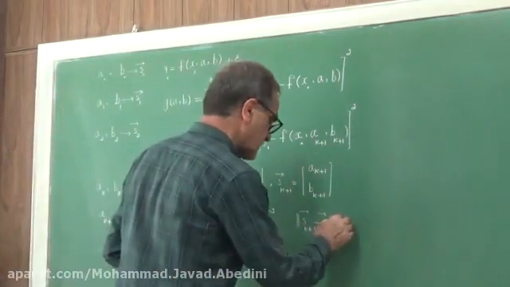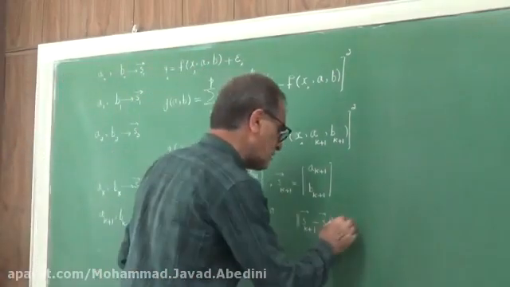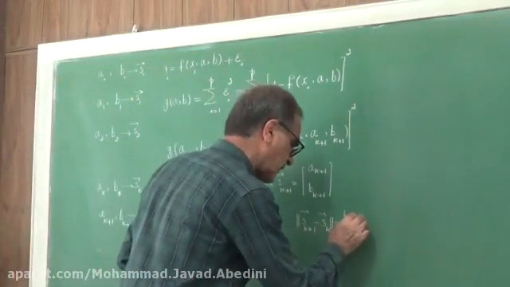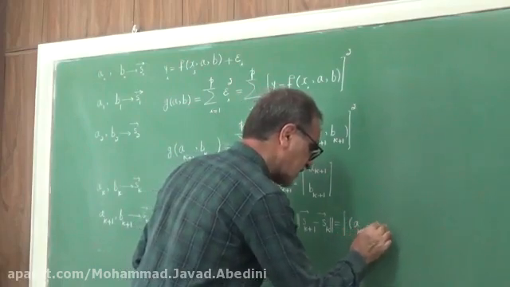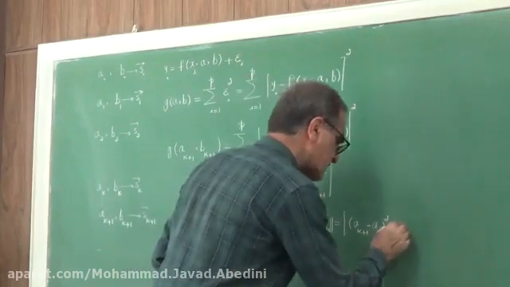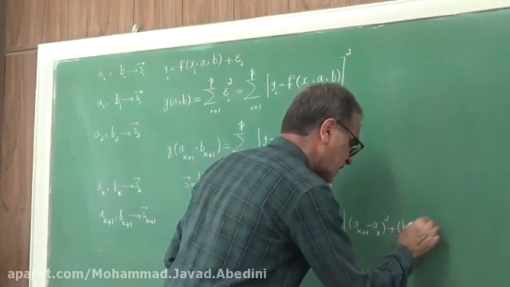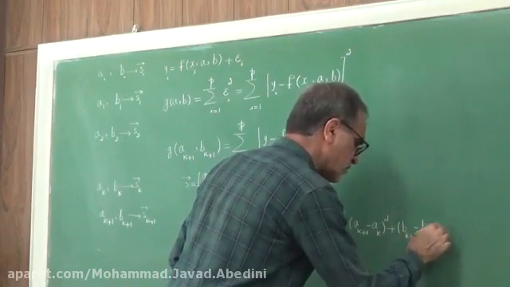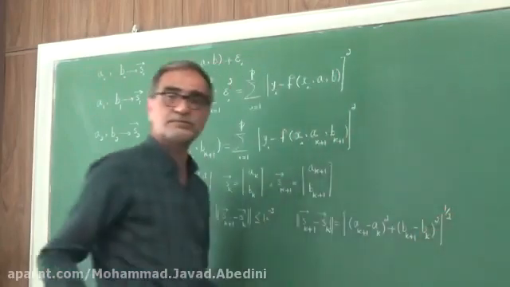If your measure of length is Euclidean, then it's going to be (a_{k+1} minus a_k) to the power of 2 plus (b_{k+1} minus b_k) to the power of 2, and then you have to raise this to the power of 1 over 2.